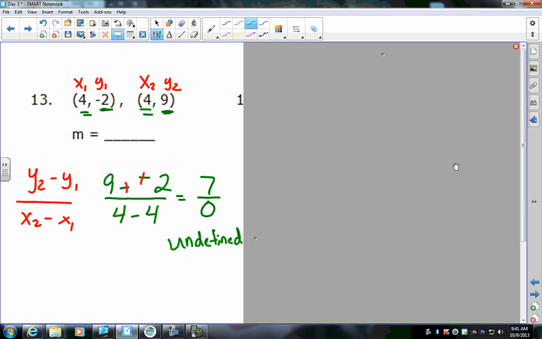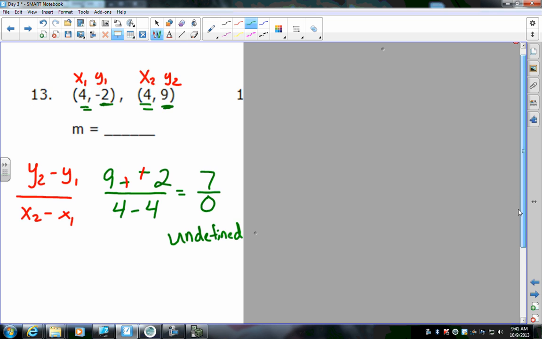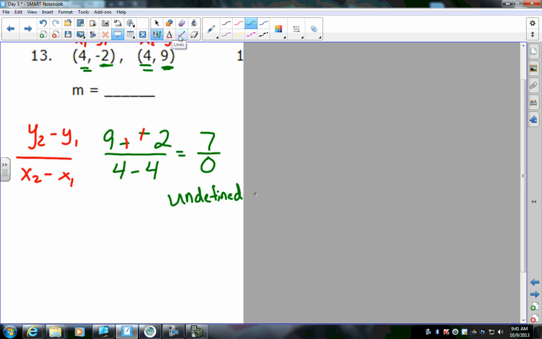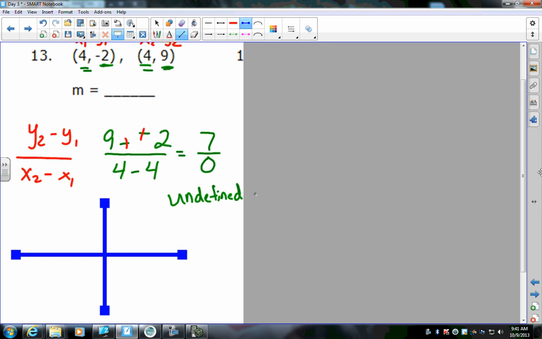Now, if I went to graph these 2 points, I have 4, -2. 1, 2, 3, 4, -2. I put a point there. And I have 4, 9.